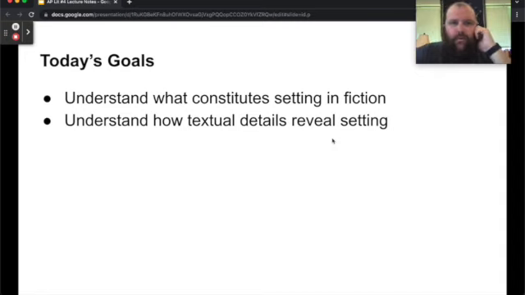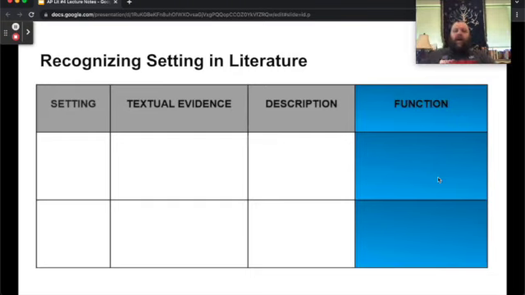All right, so pretty good place to start as far as setting is concerned. What is it? How do we find it? I like visuals like these, and the videos that CollegeBoard provides for students also use this visual.